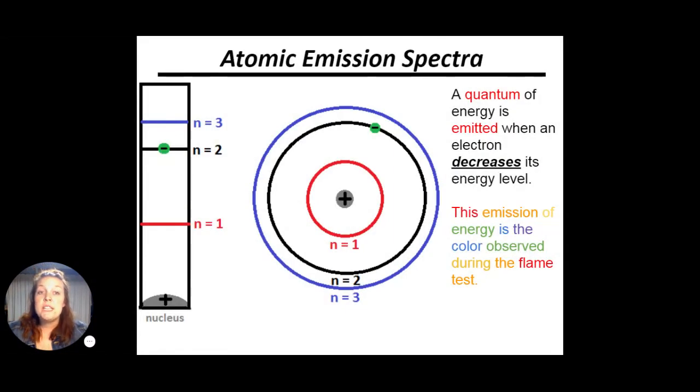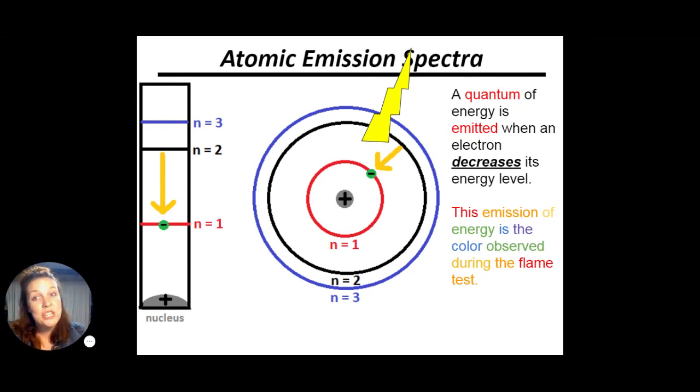A quantum of energy is emitted or released when an electron decreases its energy level. So think of this as the electron relaxing, releasing its energy, relaxing for the day and going back to its original energy level. When it does that, it releases energy. When that energy is released, and this is super important, the energy is converted into visible light waves.